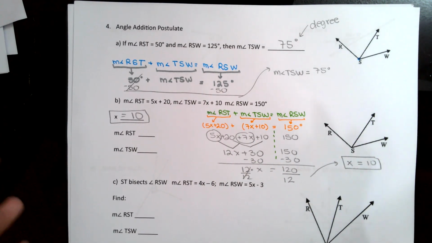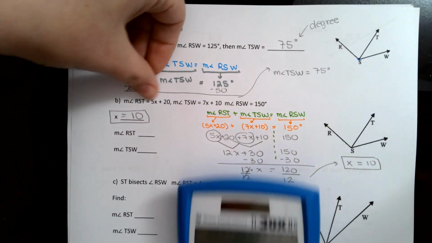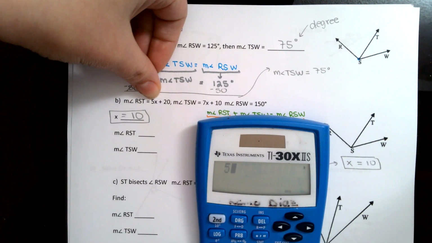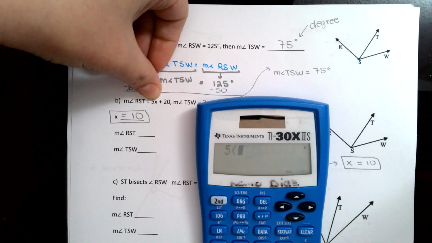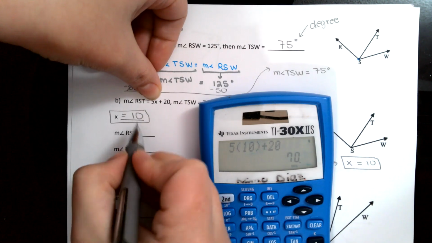Now they are also asking us for the measurement of RST and the measurement of TSW. Kind of don't have space here, so I'm just going to type it into the calculator. Okay, RST is 5, open parenthesis, x is 10, plus 20. So we get 70 here.